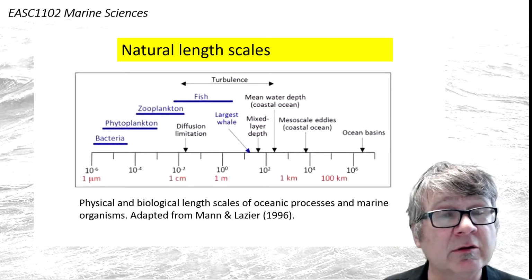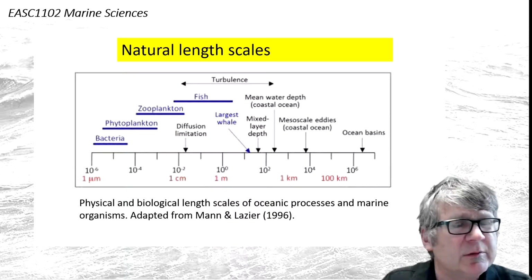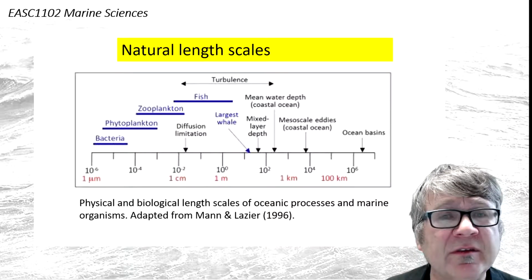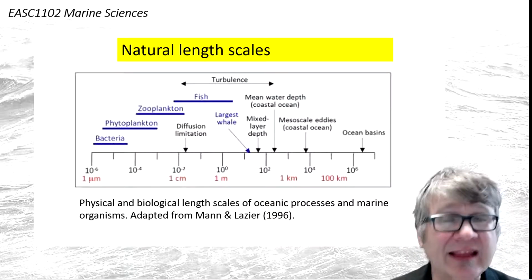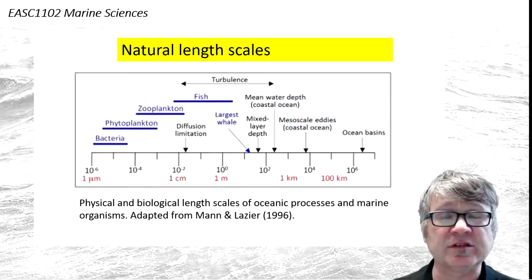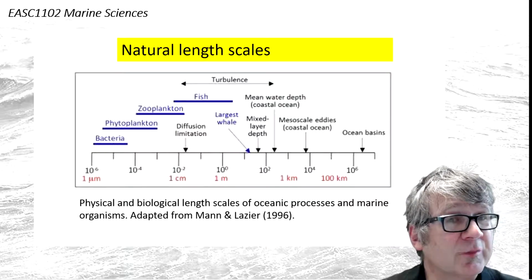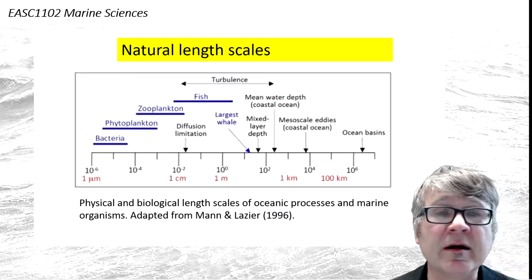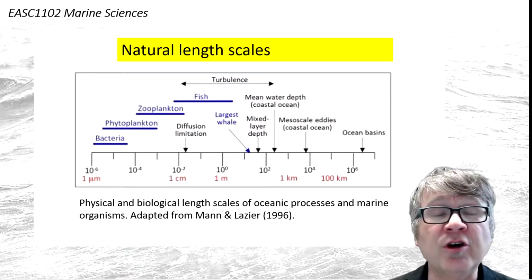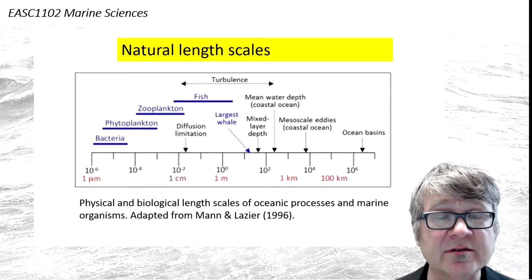So that's all included within this range, and it's probably reasonable to compare these scales, or to put them into context with the natural length scales that you have in the environment. Like we have turbulence, which is like convection, or you can have a smaller turbulence induced by the surface Ekman layer, for example, and you can have these turbulent elements in the ocean have sizes between 1 centimeter and 100 meters.